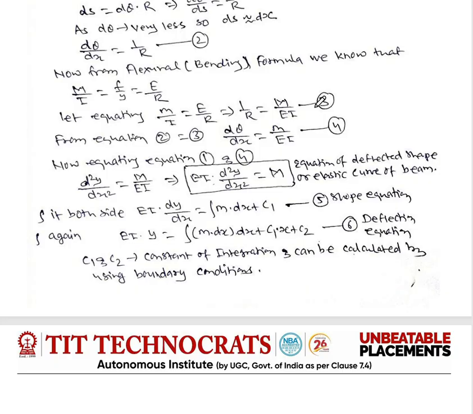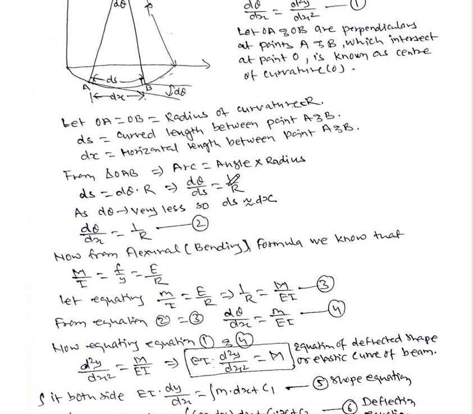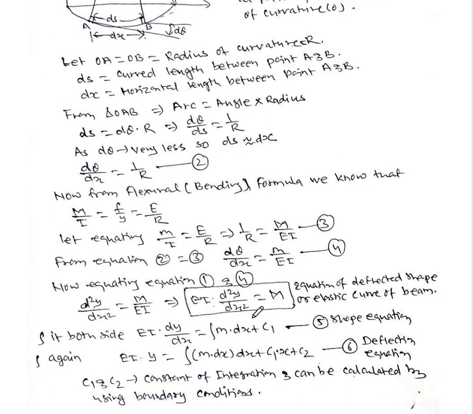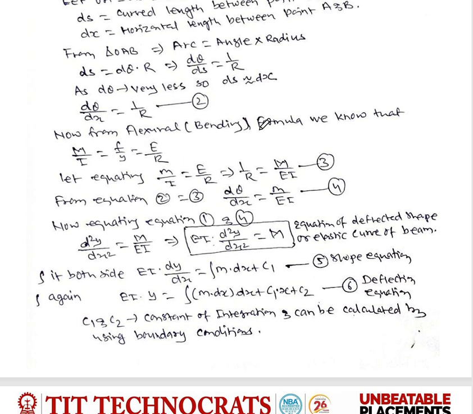If we equate these two, then d2y by dx square equals M upon EI. So EI d2y by dx square equals M, and this differential equation is known as the equation of the elastic curve of the beam, or deflected shape of the beam.